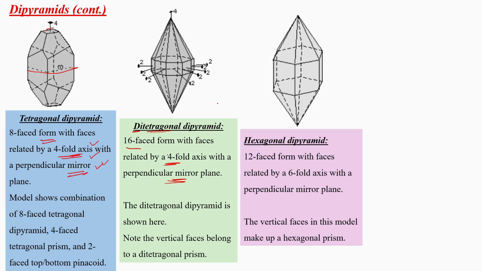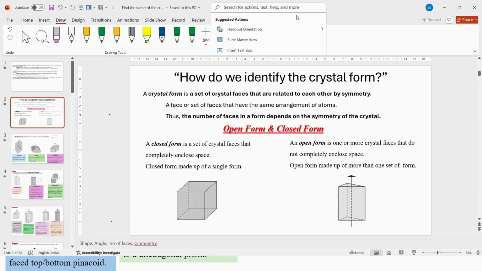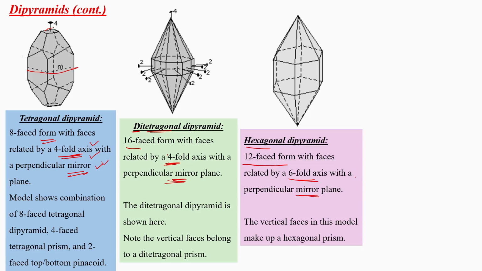So here again it's a hexagonal. So 12 faces, and we know it is a six-fold symmetry, and perpendicular to that there is a mirror plane. So here you can see it is a six-fold symmetry, and perpendicular to that you can find a mirror plane.